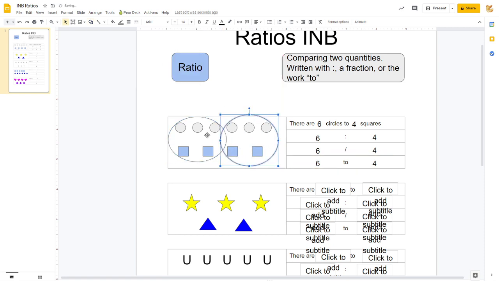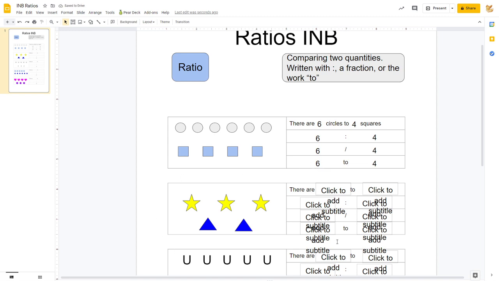Notice how both groups have 3 circles and 2 squares. 3 circles, 2 squares. It's easy to see it visualized. So we just divided both these numbers by 2, hence the 2 groups, and got 3 and 2. This is how we reduce a ratio, similar to reducing a fraction.